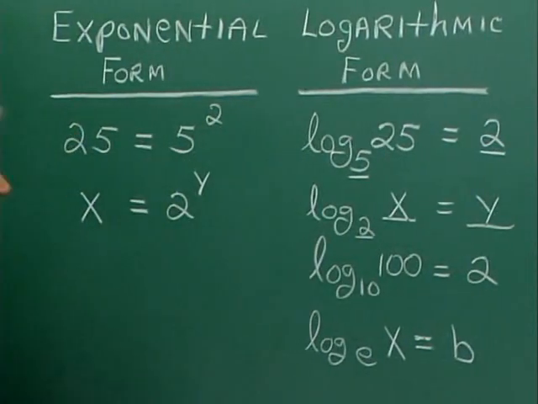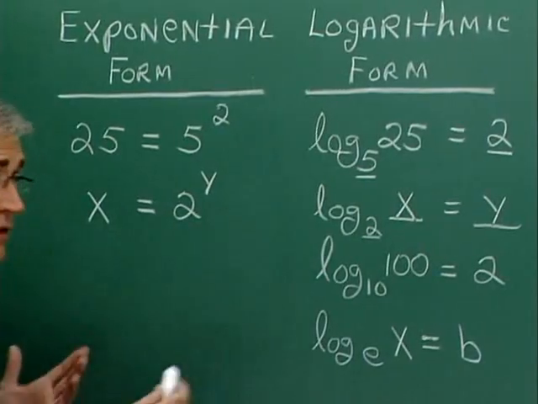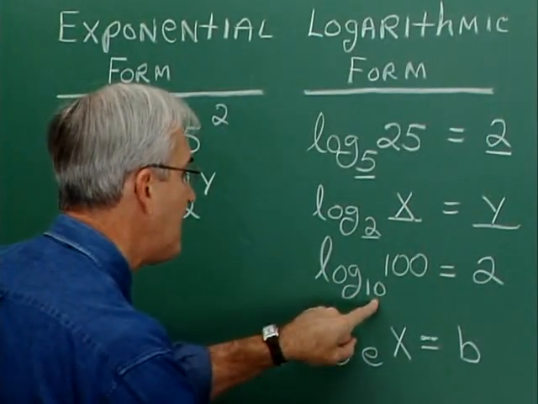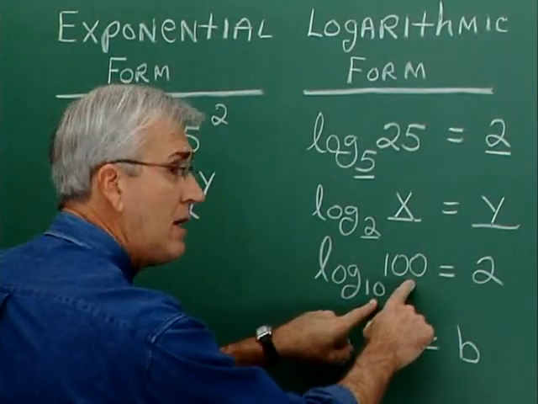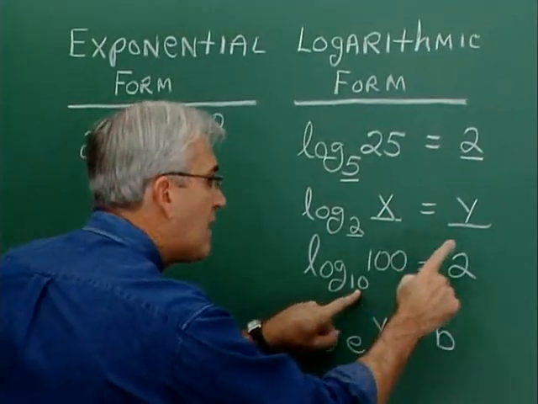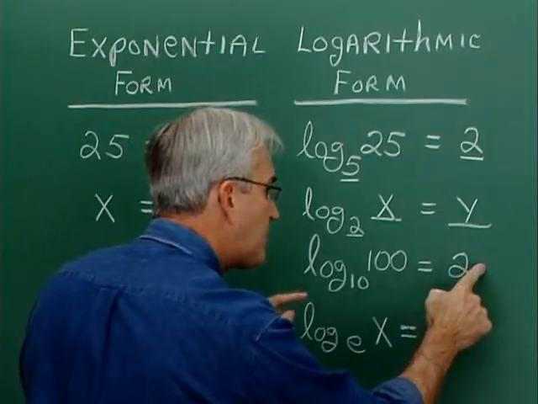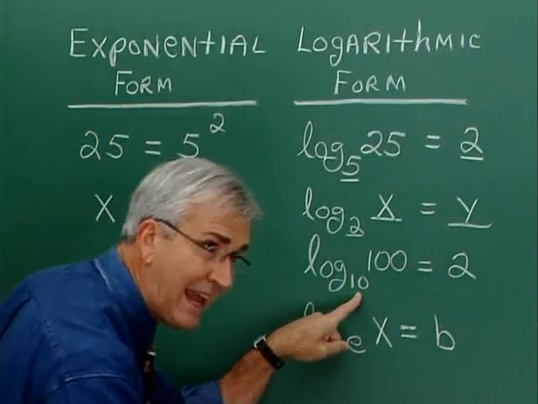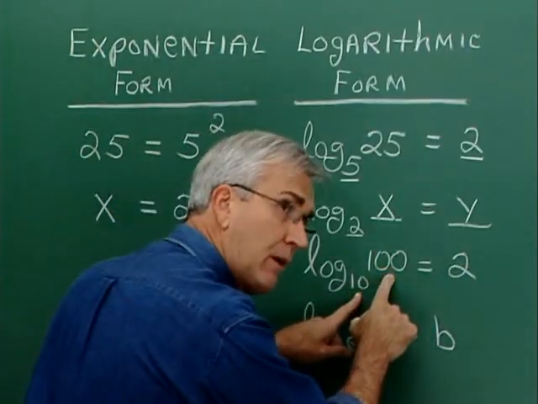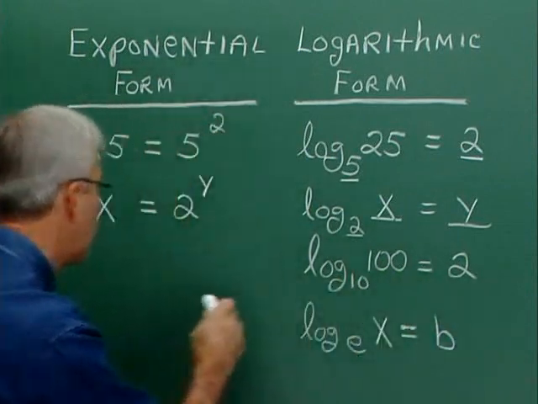Now, if we're moving in this direction, just recognize that we have base exponent equals that number. You see, the logarithmic form is saying this is the exponent to which this base is raised in order to give this number. So it's 10 squared is equal to 100.